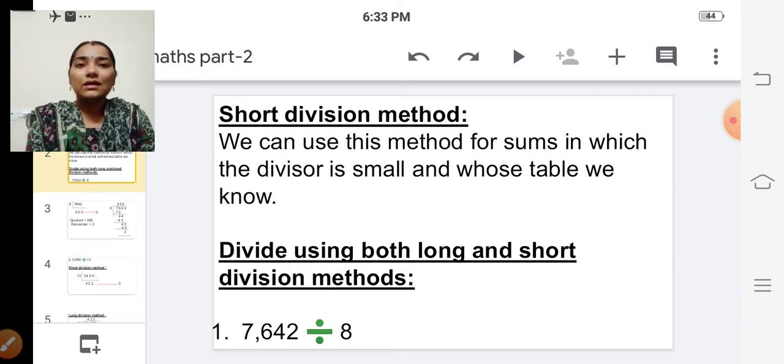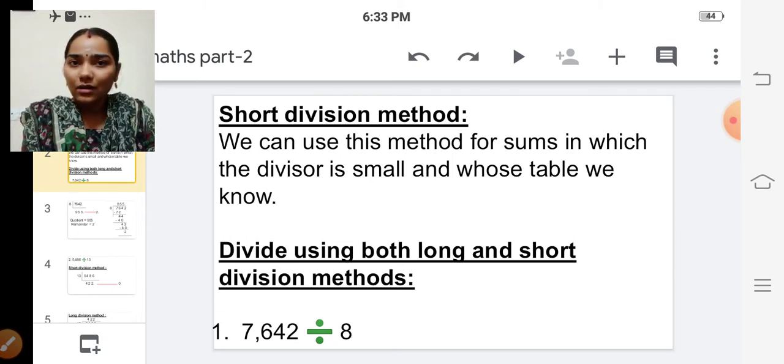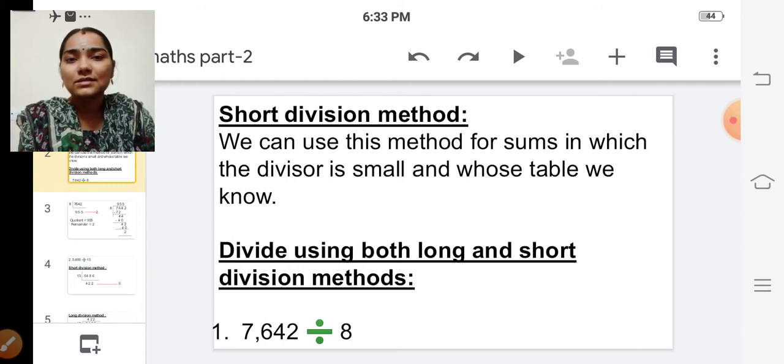Only when we know the table can we use this short division method. It will be very easy and simple, and it reduces the lengthy process.